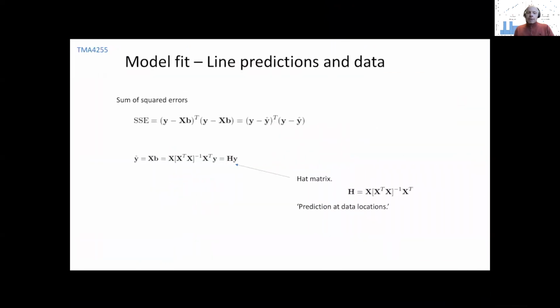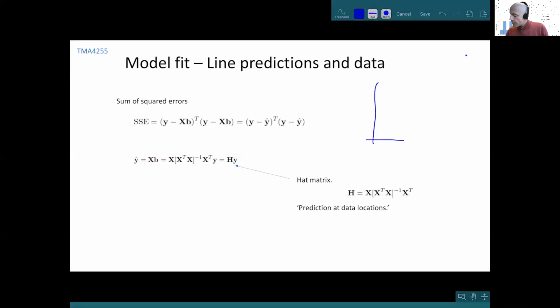This thing about line prediction can go a bit further. I said we could use this to come up with surprises. Now we have a prediction interval and we get a new measurement, and sometimes it's far outside what we expect. Then we can also do this for the data that we have. We have a prediction there. We saw this before: I was drawing a line going through the data.